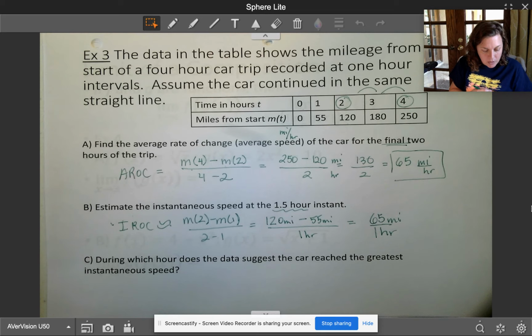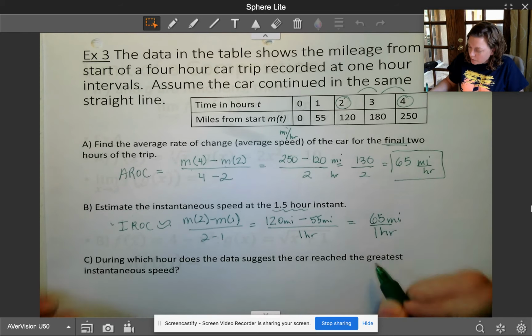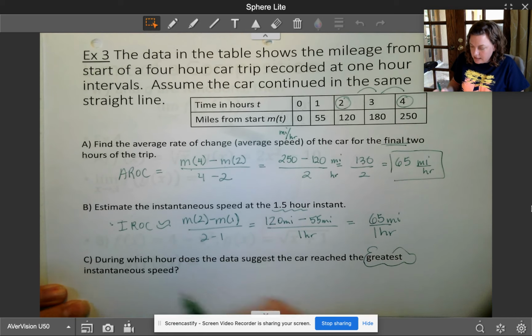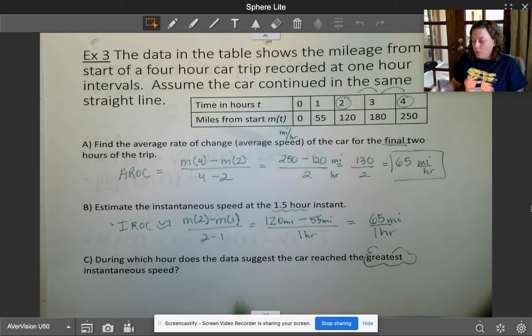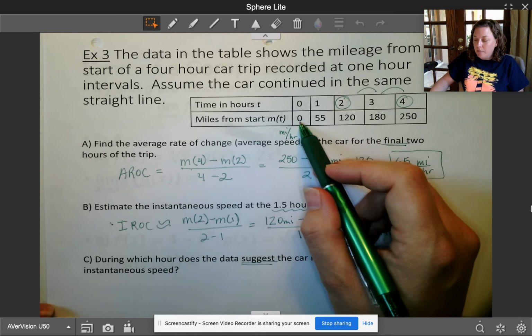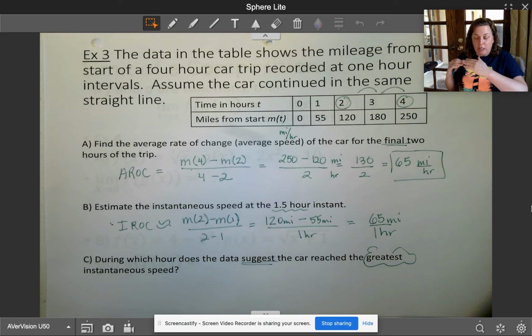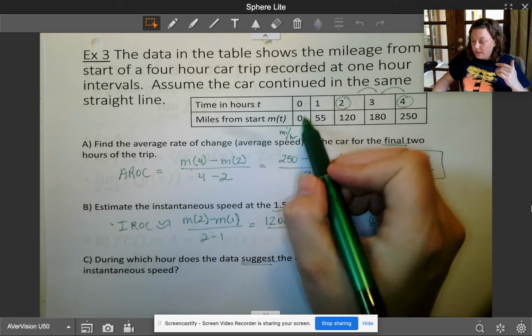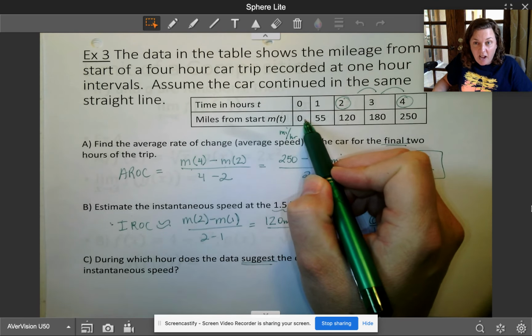Pretty good. All right, and then during which hour does the data suggest the car reached the greatest instantaneous speed? So first of all, this word suggest. I don't know what happened during this car ride. I don't know if they maintained a constant speed, or maybe they went super fast at the beginning of this hour, like 85.